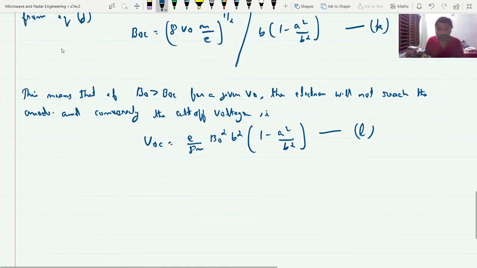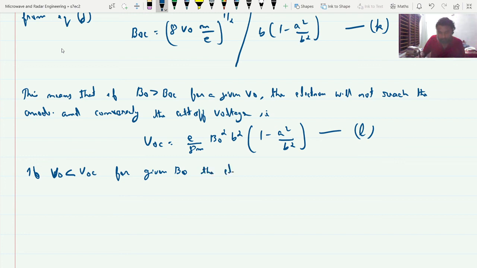Thus, it means that if V naught is greater than V naught C for given B naught, the electron will not reach the anode.